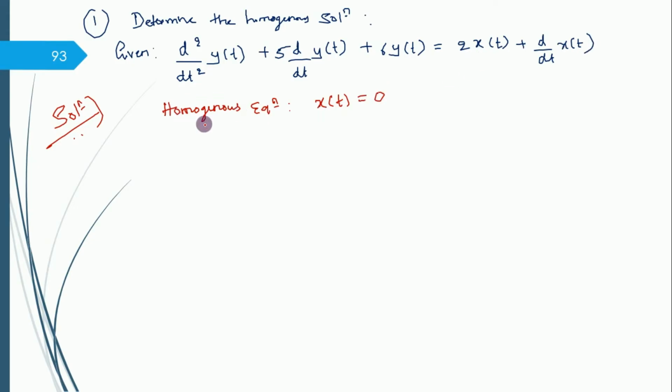That will get you the homogeneous solution. So here, d square by dt square. First problem, I'll write elaborating all the steps. From second problem onwards, I'll skip the easier steps. Plus 6 into y of t, which should be equated to 0, as all the terms with x of t should be made 0. This is the homogeneous equation.